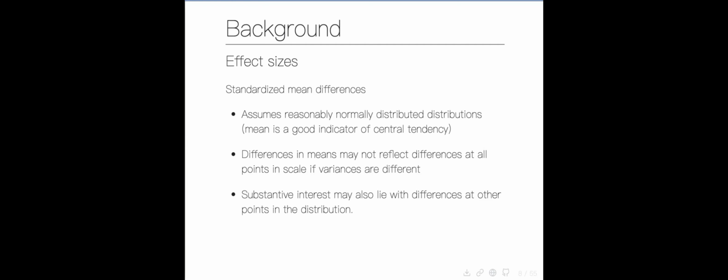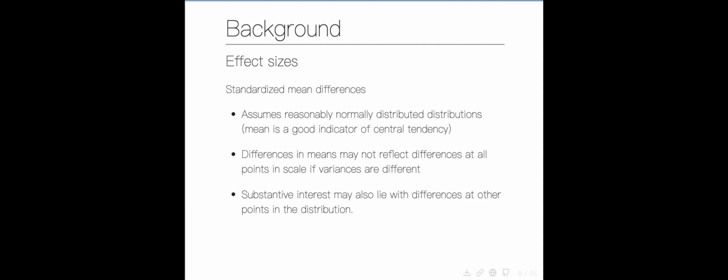The other thing is we might not always be interested in the difference of the means. We might be interested in differences at other points in the distribution. So specifically, if you think about statewide testing data, which is a lot of stuff that I do, we have these cut points that basically bin the continuous scale into a categorical scale.